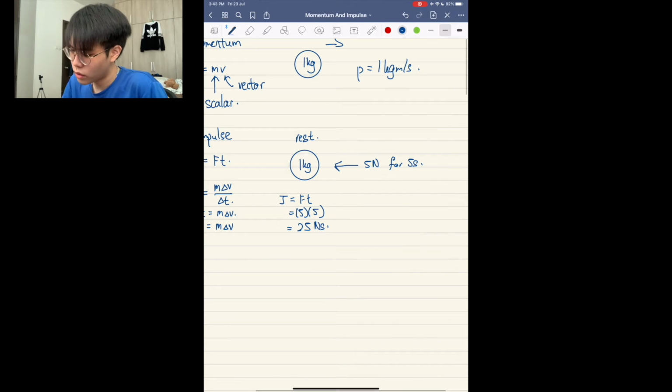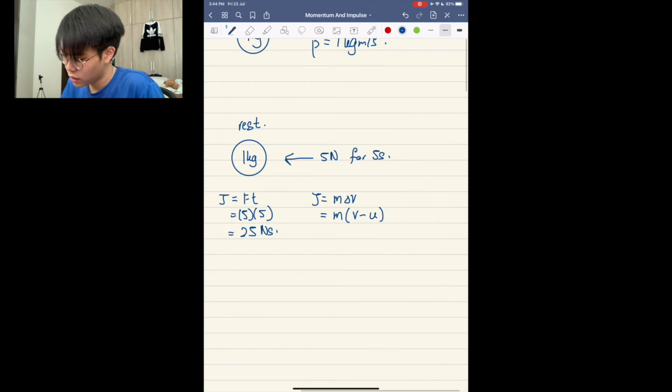Then we want to know, after we apply this 5 Newton force, what velocity the ball will move with. We can use J equals the change of momentum, and delta v is the final velocity minus the initial velocity.